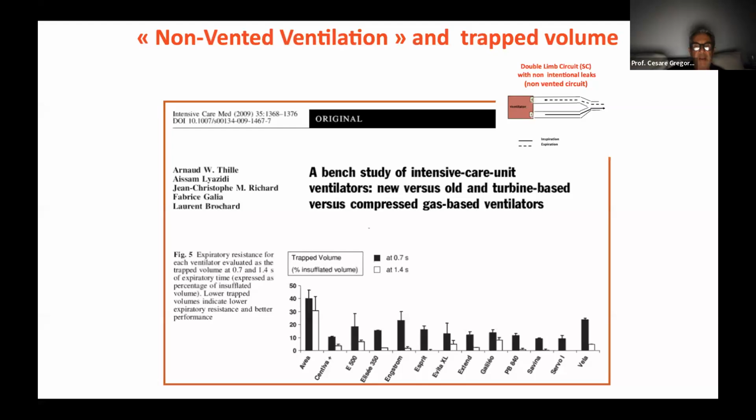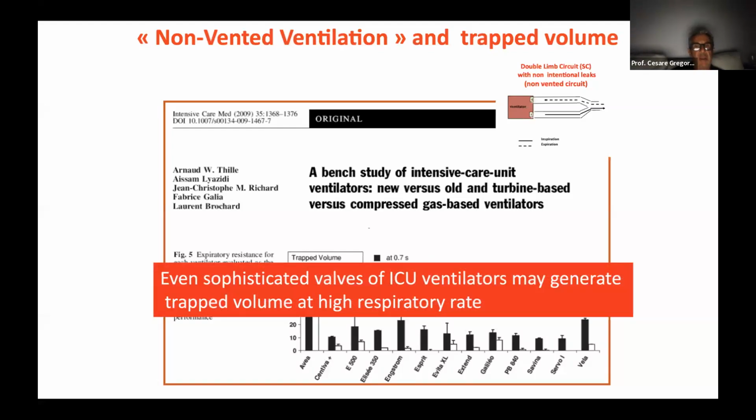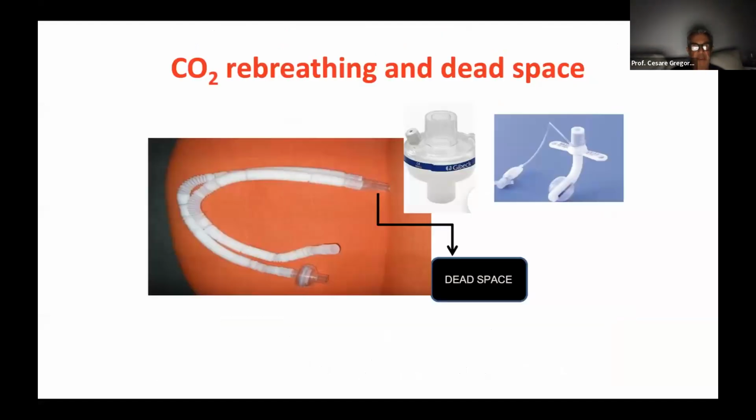For example, with the PV840, they simulated two conditions, 30 and 60 breaths per minute. In both conditions, when the patient was breathing at a higher respiratory rate, 30 for adults, or simulating a pediatric condition, 60, they found that the amount of trapped volume was very high indeed. So even sophisticated ICU ventilators may generate trapped volume at a high respiratory rate.